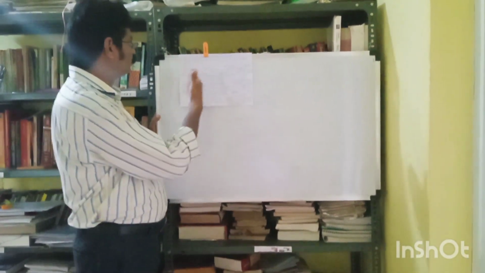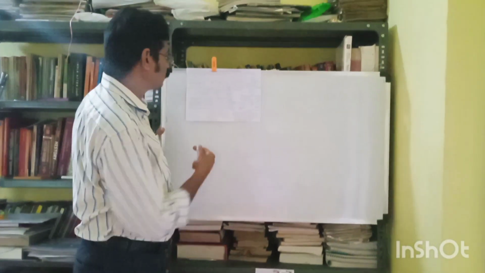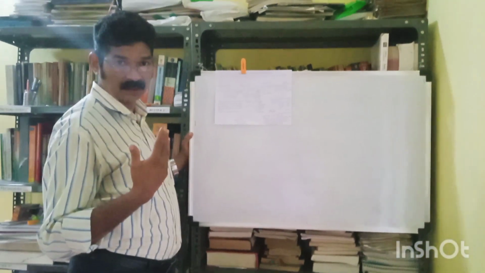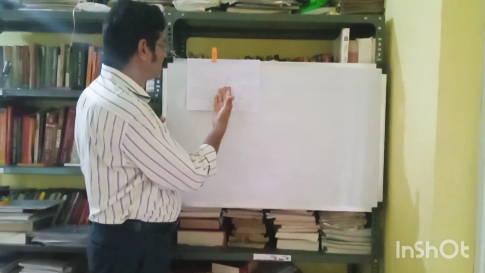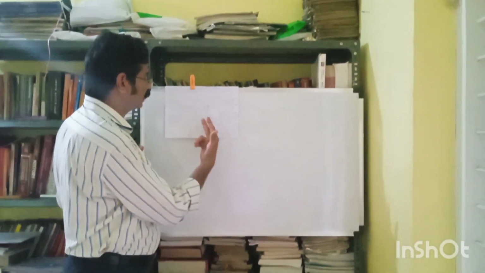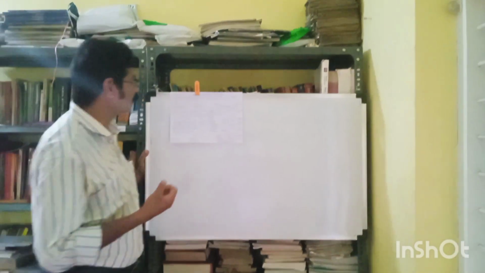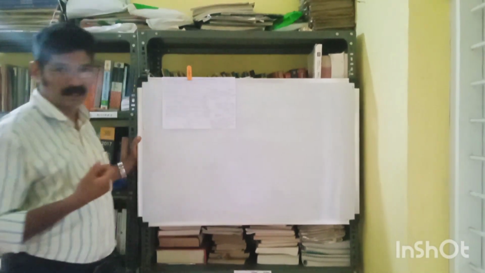The third part of heuristics is the research design. The significance of the research design is very important, because in the research design we decide what kind of data or sources are needed.